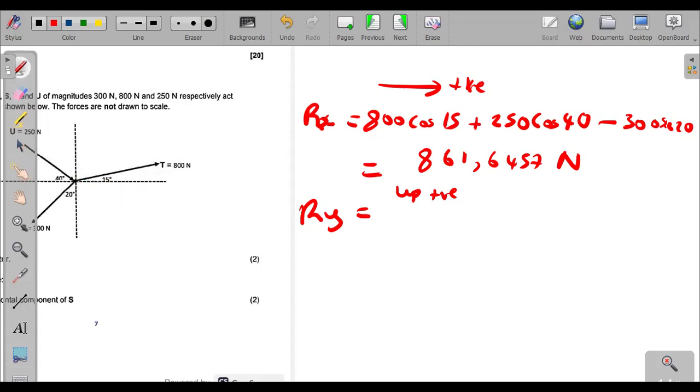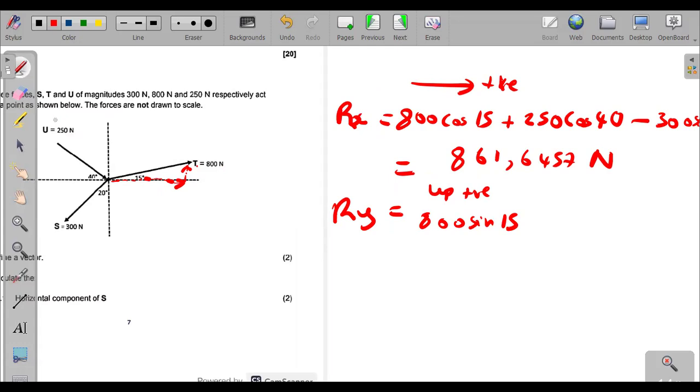Considering T again, T is acting upward, because when I ended the horizontal component here, I am going up now. So it means Ty, we did calculate it, 800 sine 15. We can just place again the value that you already got. This time around, what about the vertical component of u?